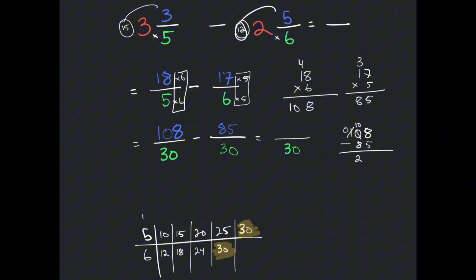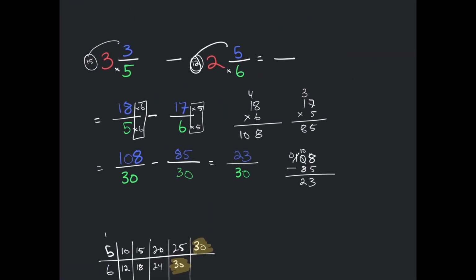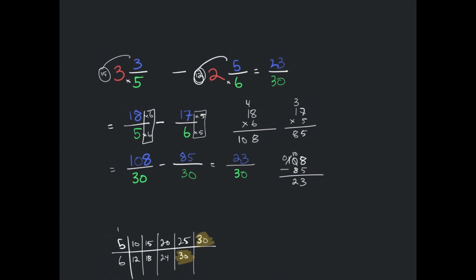So my new fraction, when I solve for 3 3/5 minus 2 5/6, would be equal to 23/30.